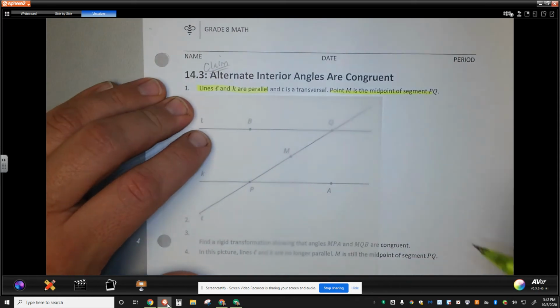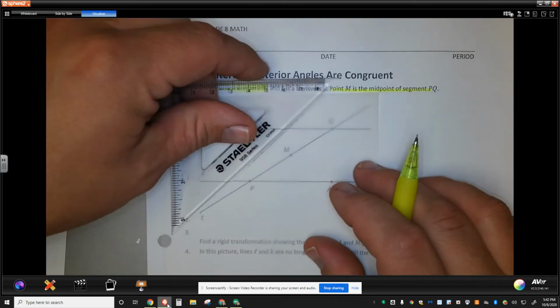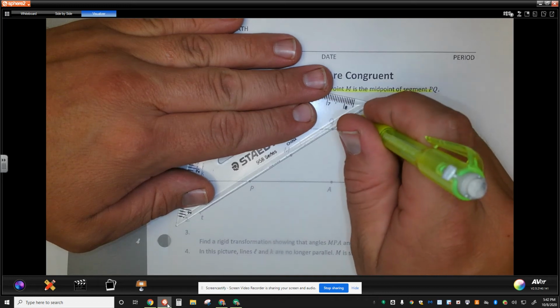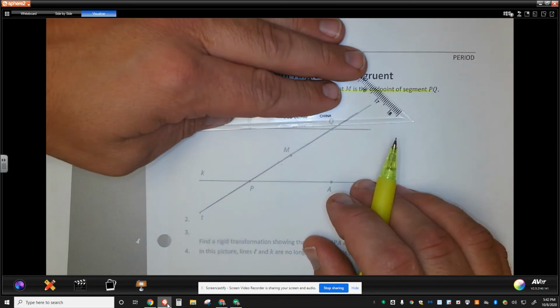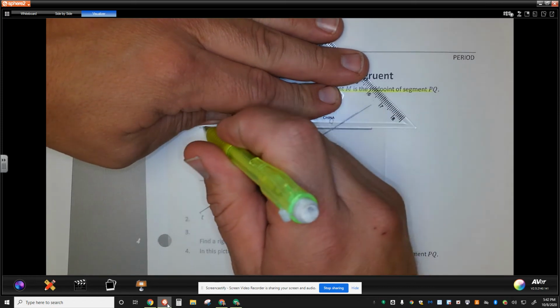Let's get some evidence. When we think about these angles, let's go ahead and get everything on here, because we're going to use our midpoint, and we're going to use what we've been working with on midpoint for the last couple days, and that was rotation.